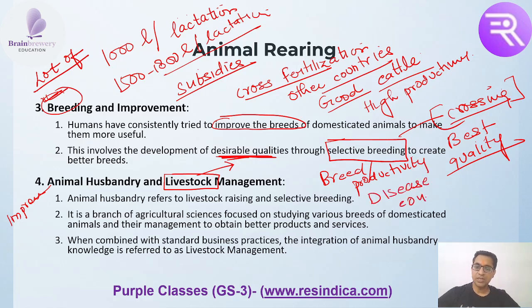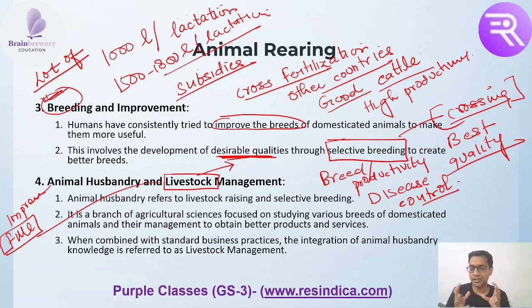These are all utilized in animal husbandry and livestock management, so that whatever livestock we have, in whatever quantity, we can take full utilization of the whole livestock present in our country.